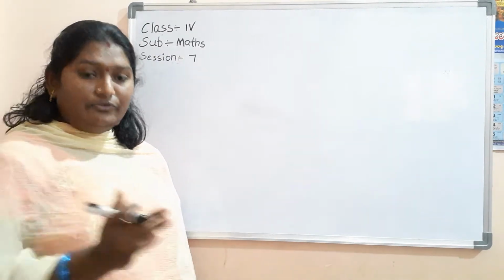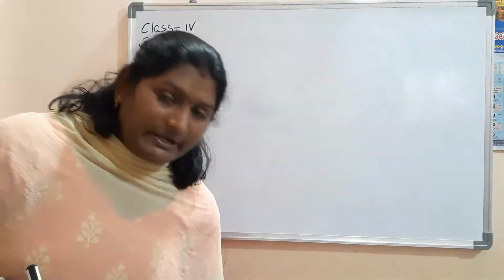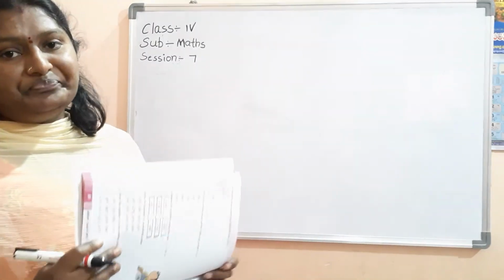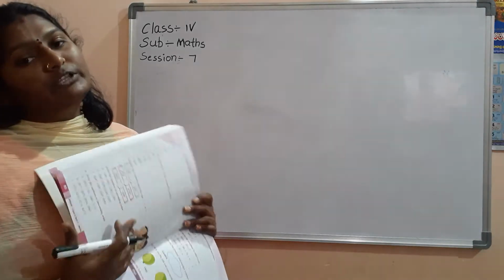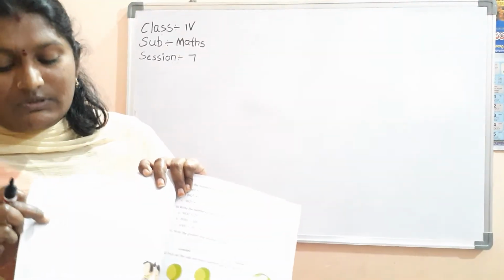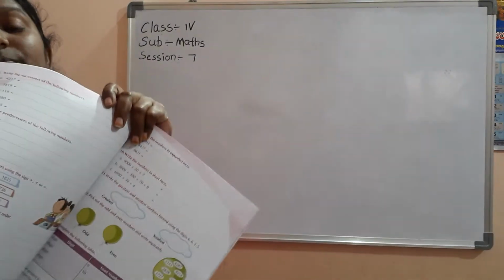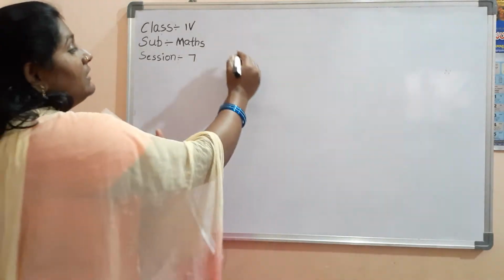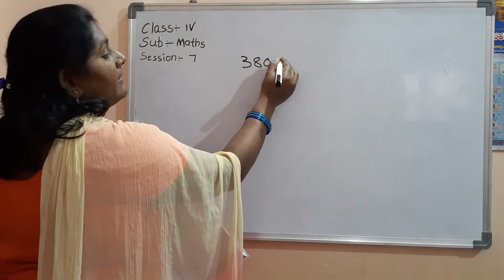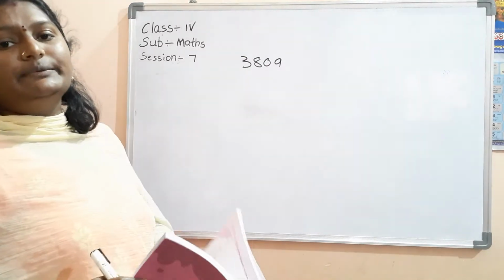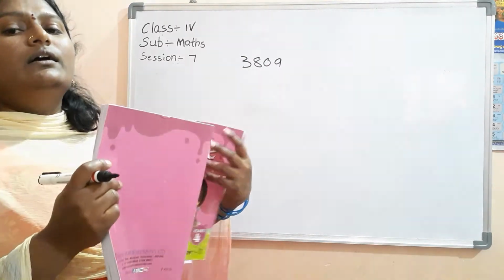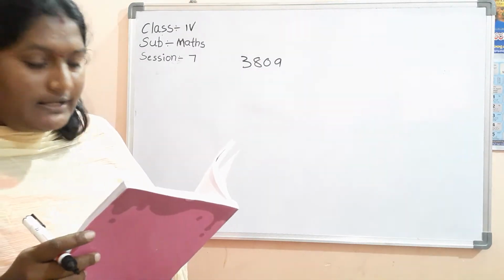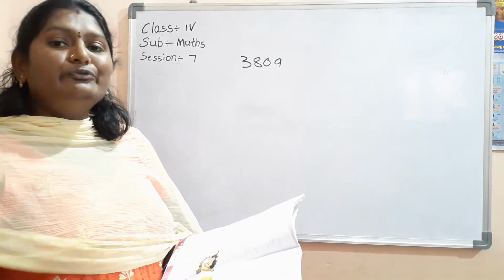What is the first one? 3810. What is the predecessor of 3810? Tell me. 3809. Is this clear? 3809 is the predecessor of 3810. Clear? Then B, 1429.